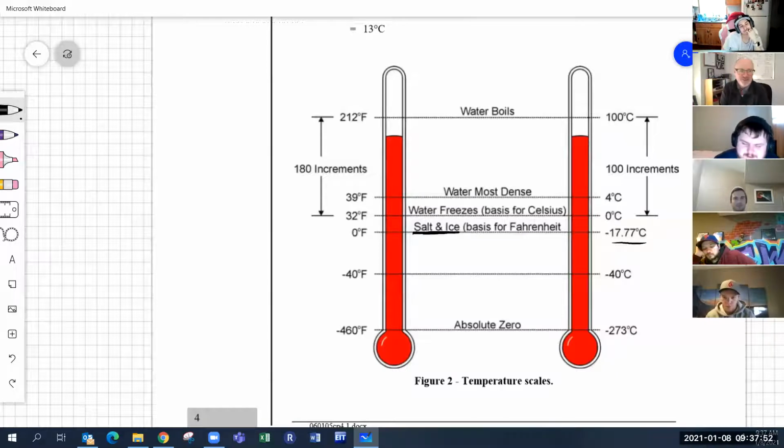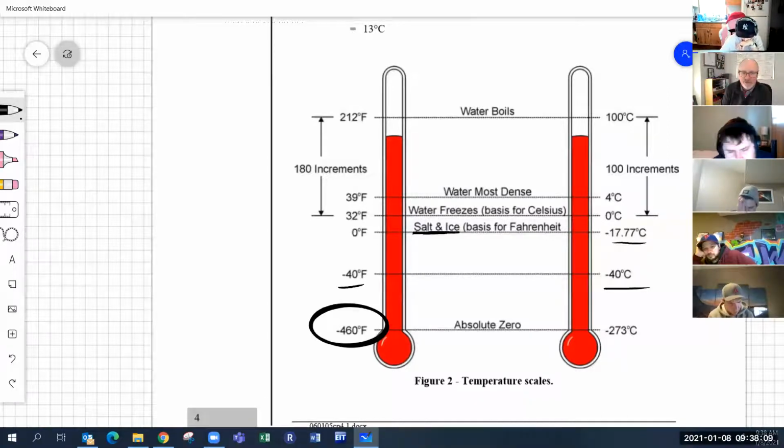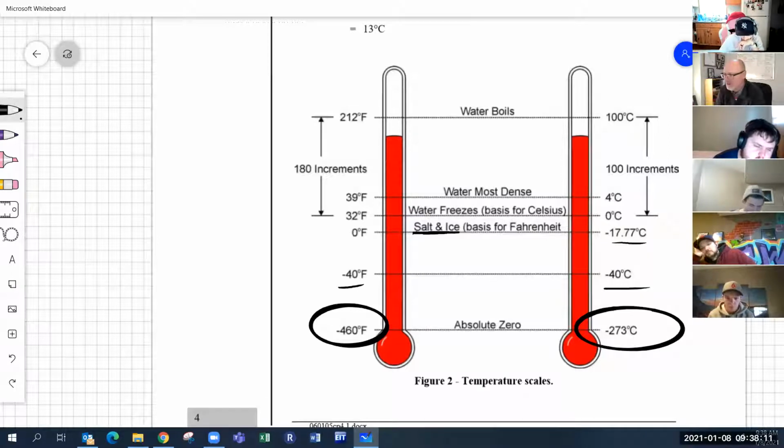Sorry, buddy. Okay. Look at this temperature. Minus 40 degrees Fahrenheit is equal to minus 40 degrees Celsius. This is where the temperatures actually come together. And down here, minus 460, absolute zero. Well, there's some numbers there if you want to know.